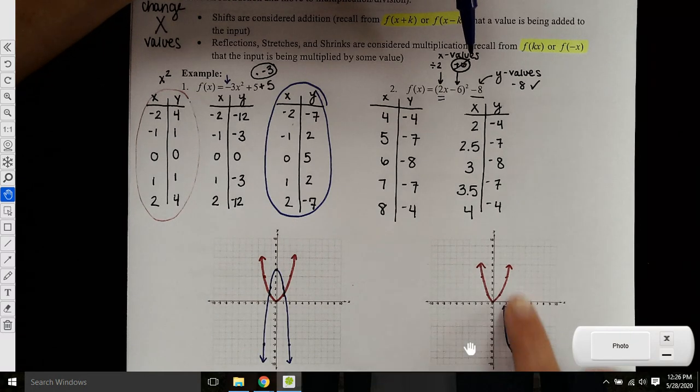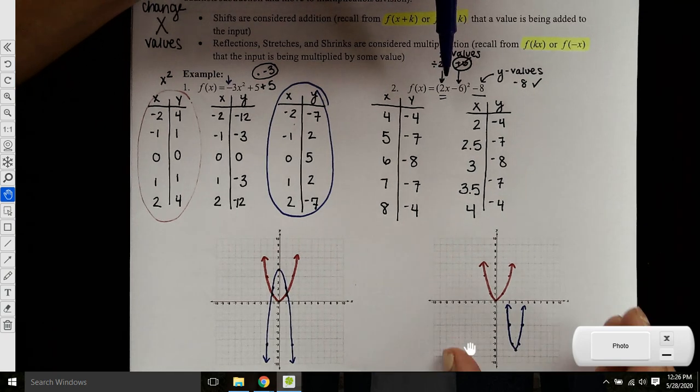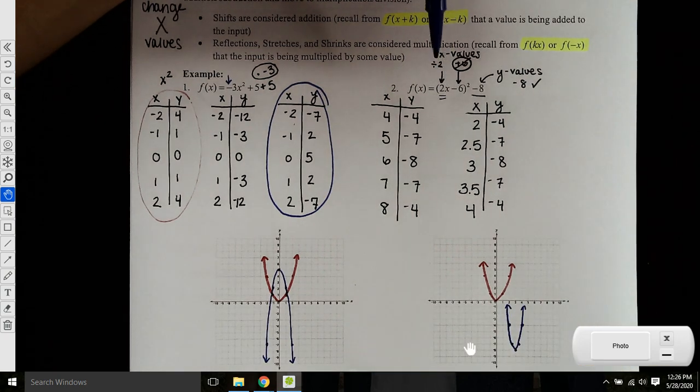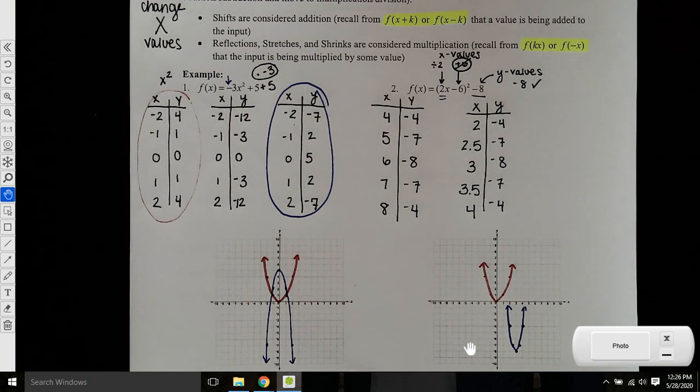It has shifted down 8, and that y value didn't change. So I did shift right and down, but then this horizontal shrink pushed it in towards the y-axis. So this just goes to show how important it is to understand the order of operations when you're doing the transformations.